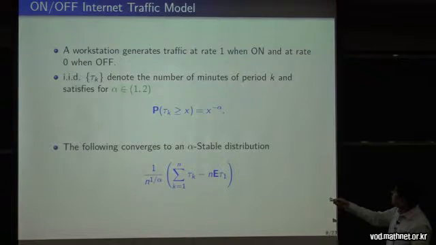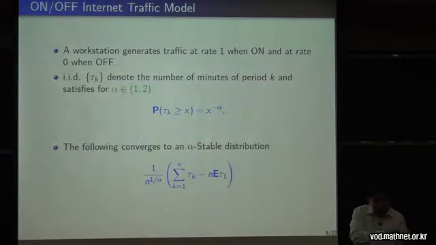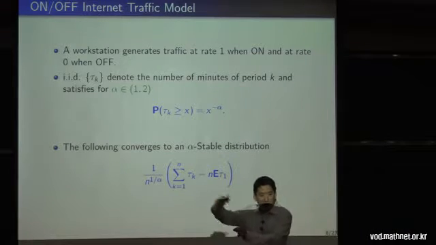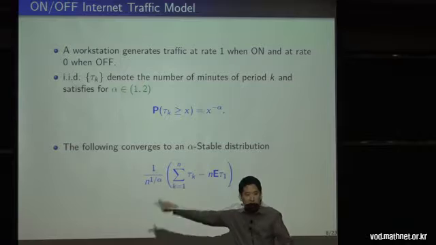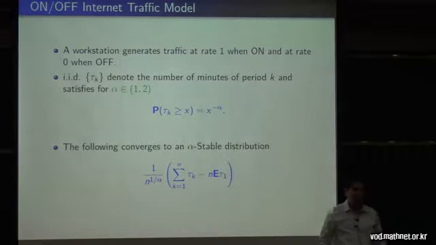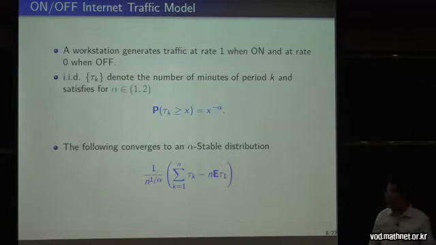And so what you do is you just have it on for tau 1 time, off for tau 2 time, on for tau 3 time. So all the odd number times are on, all the even number times are off. And it's known that the data shows these taus behave like this, which was exactly the tail condition we had in the case when alpha is between 1 and 2 in the previous slide.